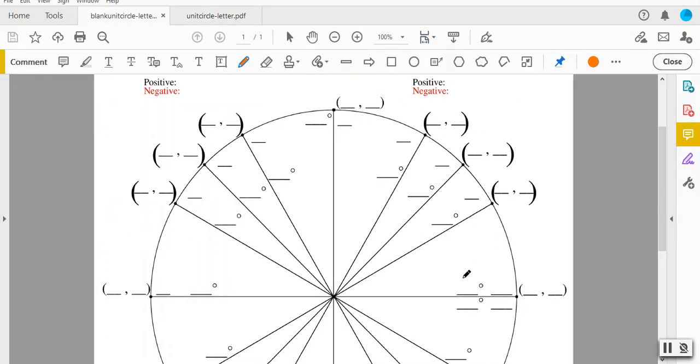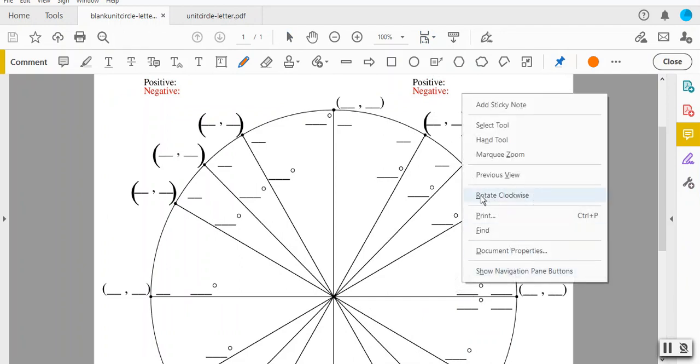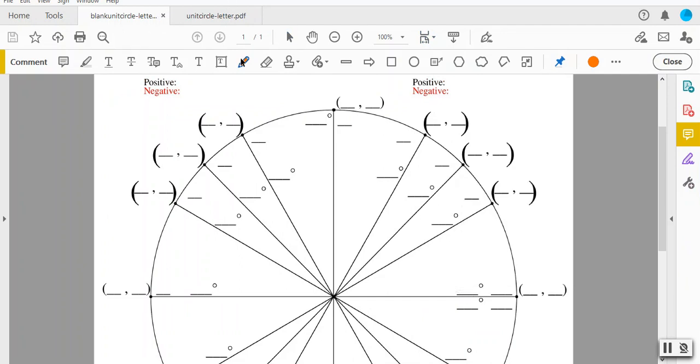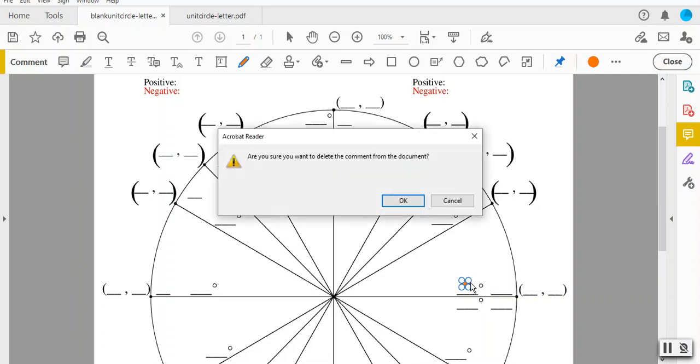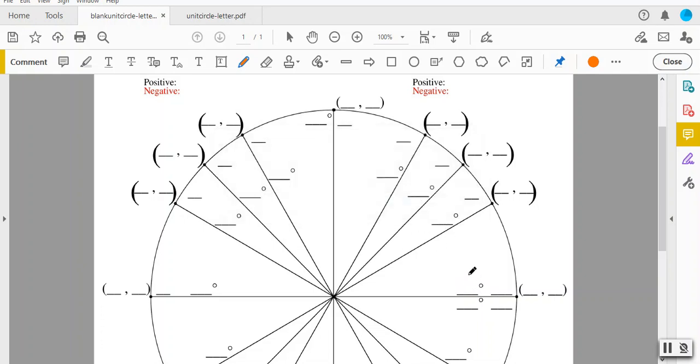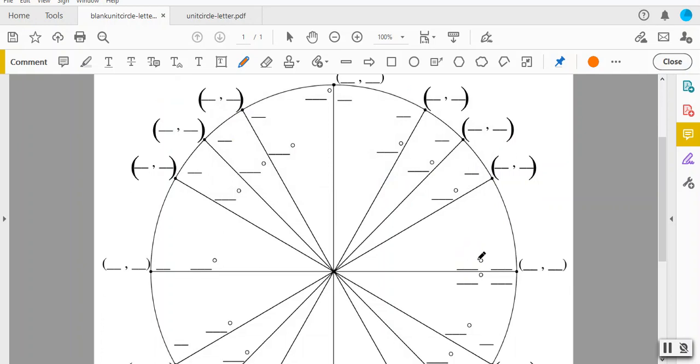So note that we found 0. Okay, so let's do it like this.